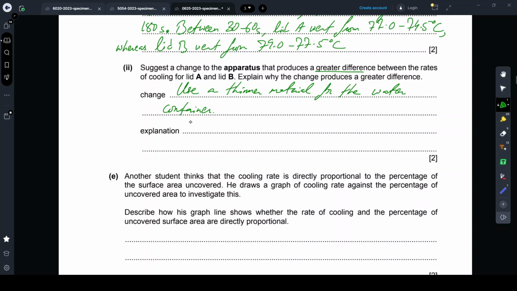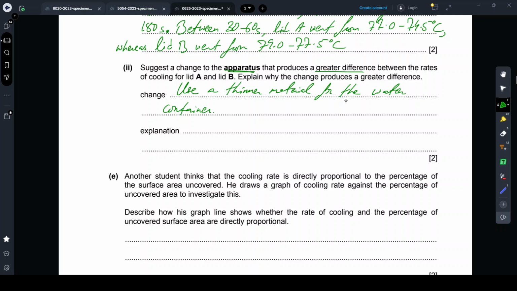Again, it's not just about the lid, it's about any change to the experimental apparatus. So it's not focused on the lid. It could be the lid, it could be something else. You said use a thinner material for the container. How is that going to help produce a bigger difference? A better insulator, or smaller surface area, reduces the background heat loss. That's something different.